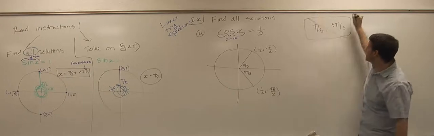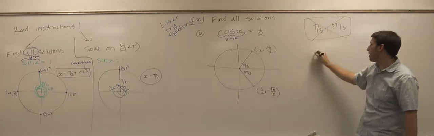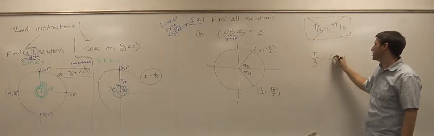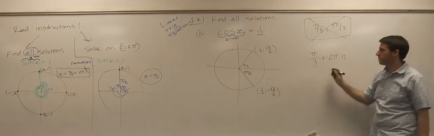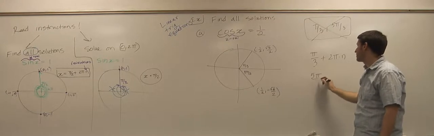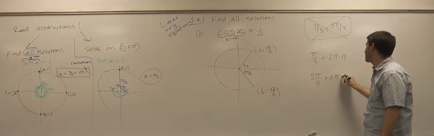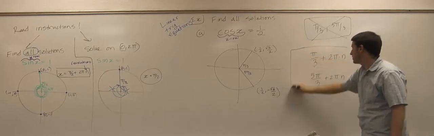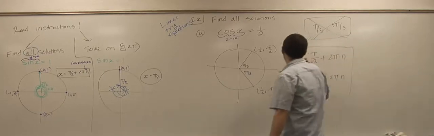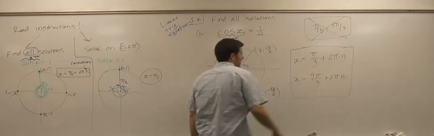This is no good for these instructions. I want pi over 3 plus 2 pi times n, so any number of revolutions, and 5 pi over 3 plus 2 pi n, any number of revolutions. These are your two formulas for what x can be.